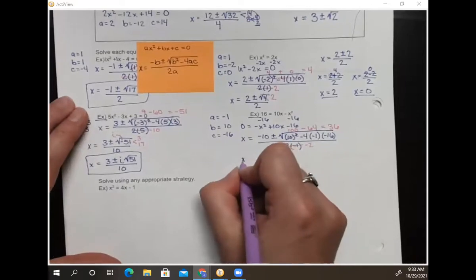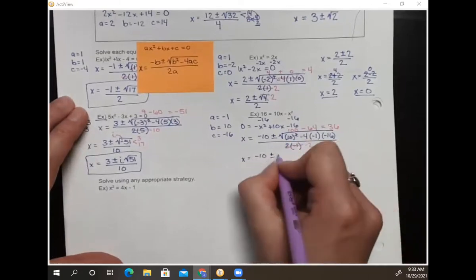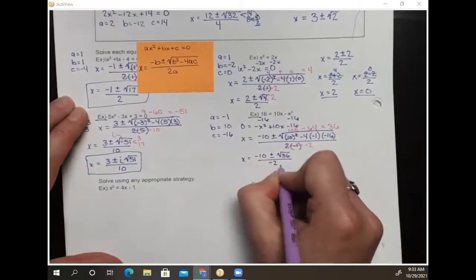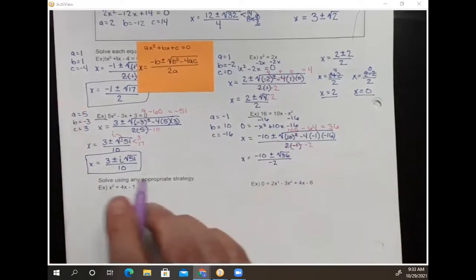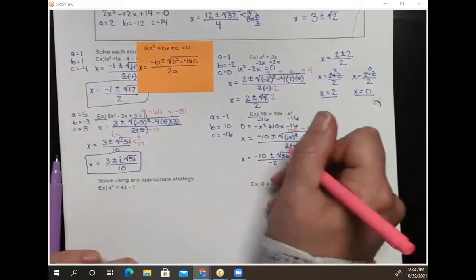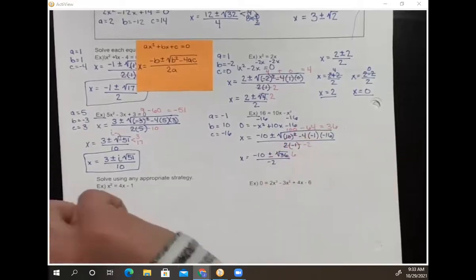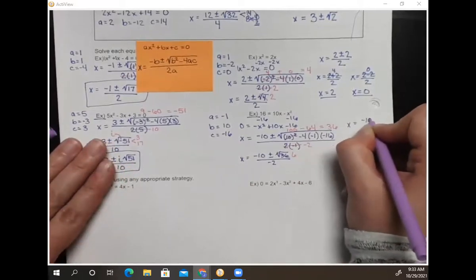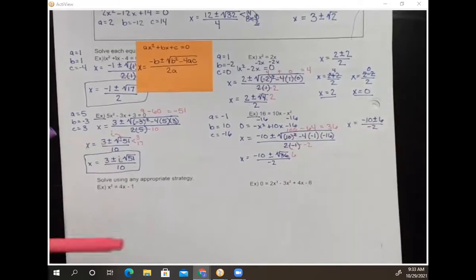So I have x equals -10 plus or minus the square root of 36 over -2. We know the square root of 36. That's just 6. So I get x equals -10 plus or minus 6 over -2.